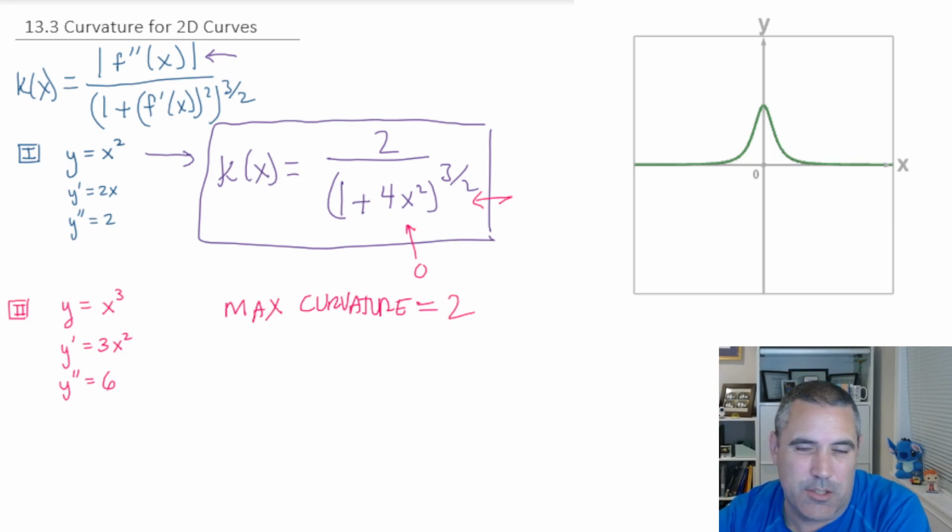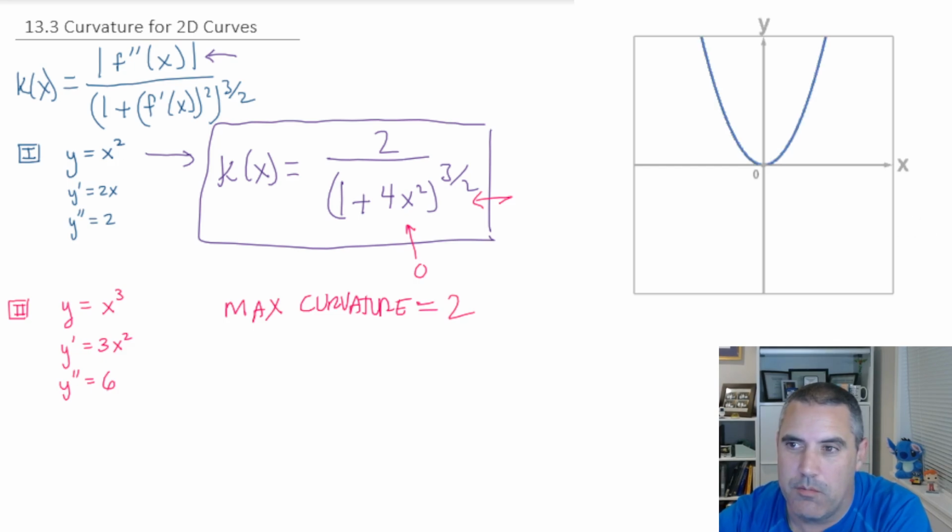And the curvature is a lot less elsewhere. So curvature is different than slope, and it's different than concavity. It's a combination of the things. But there you go. You can see that when something's moving along there. If I draw the unit tangent, r of t, plus T of t, and I'll make it a little bigger here.